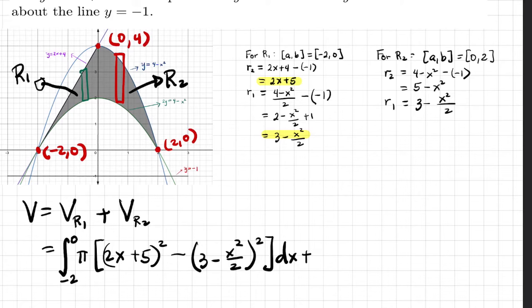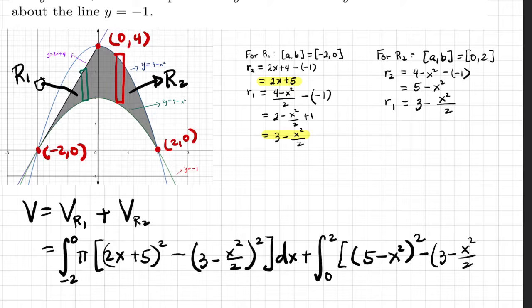plus... So here the definite integral from... So sa R2 naman tayo, this 0 to 2, R2 squared, which is 5 minus x squared, minus 3 minus x squared over 2 squared.